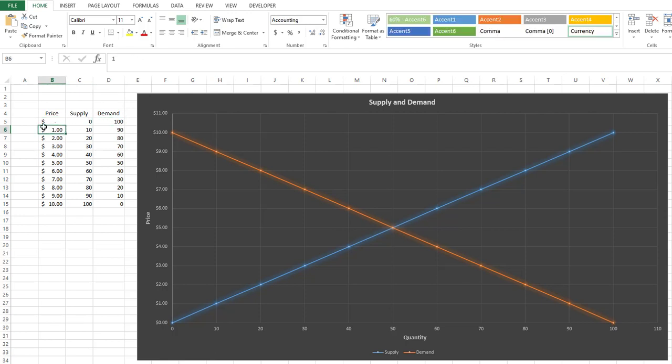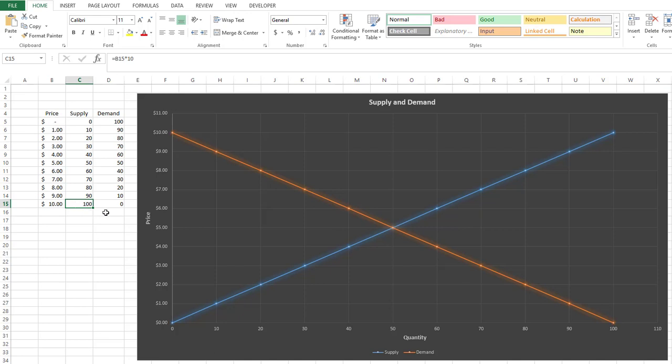As the price increases, if I'm the business owner, I will slowly increase the amount I'm willing to make. If it only costs me $1 to make a hamburger and the price is $10, well, I'm going to be working as hard as I can to make as many hamburgers as possible so that I can sell them.